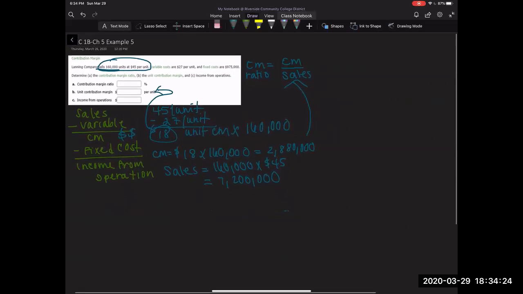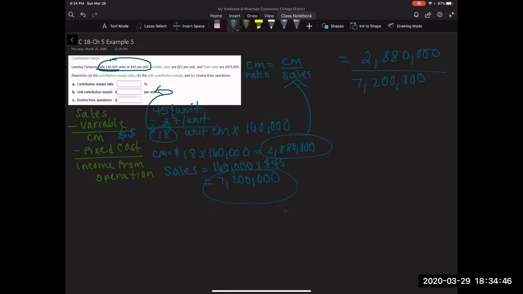Now from here, we're going to plug it into our formula, right? If we're doing our contribution margin ratio, we figured out our contribution margin, we got it from here, right? It's going to be 2,880,000 divided by our sales, which we figured out here, which is 7,200,000.